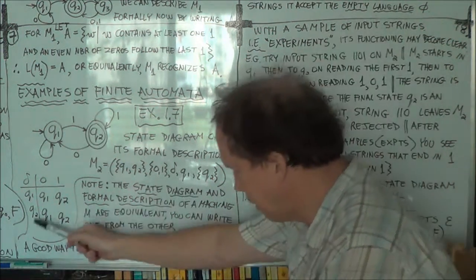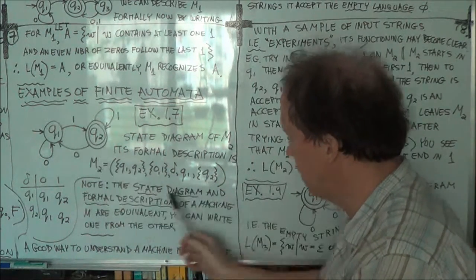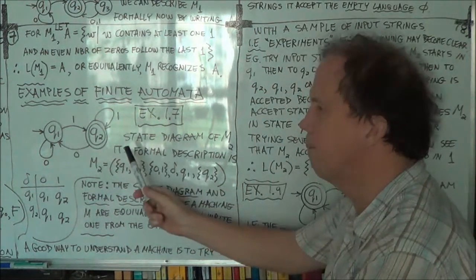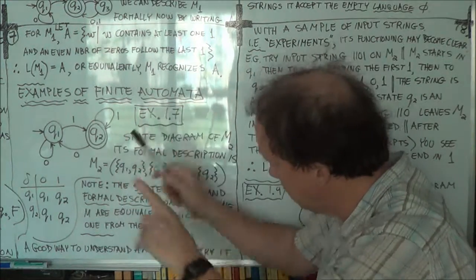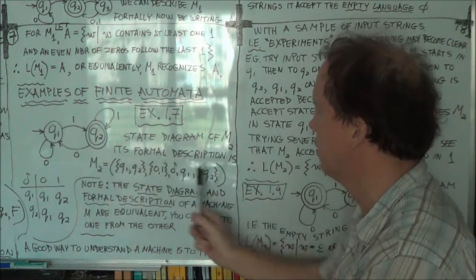Delta we'll do separately because it's a whole table. The start state is Q1, and the set of accept states, well, there's only one, so there'll be curly brackets with Q2, the set with just one member, this state Q2.